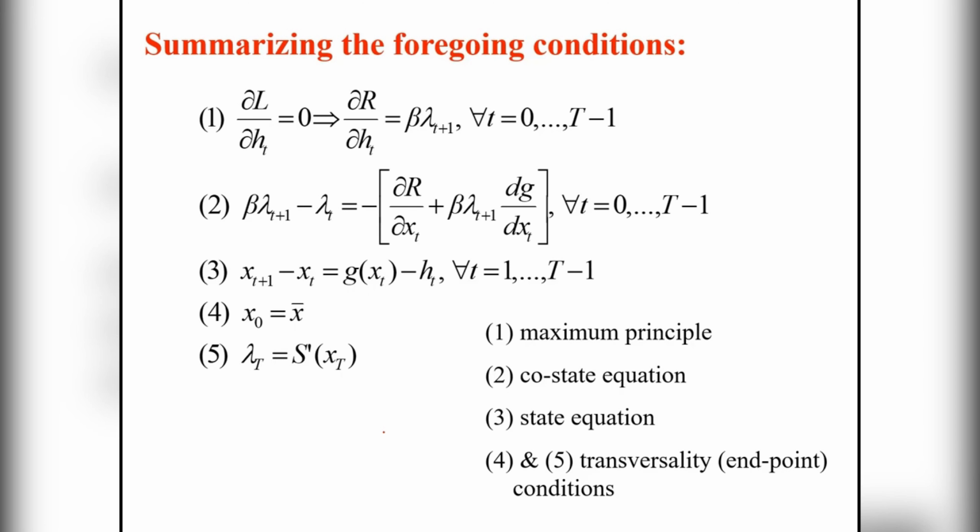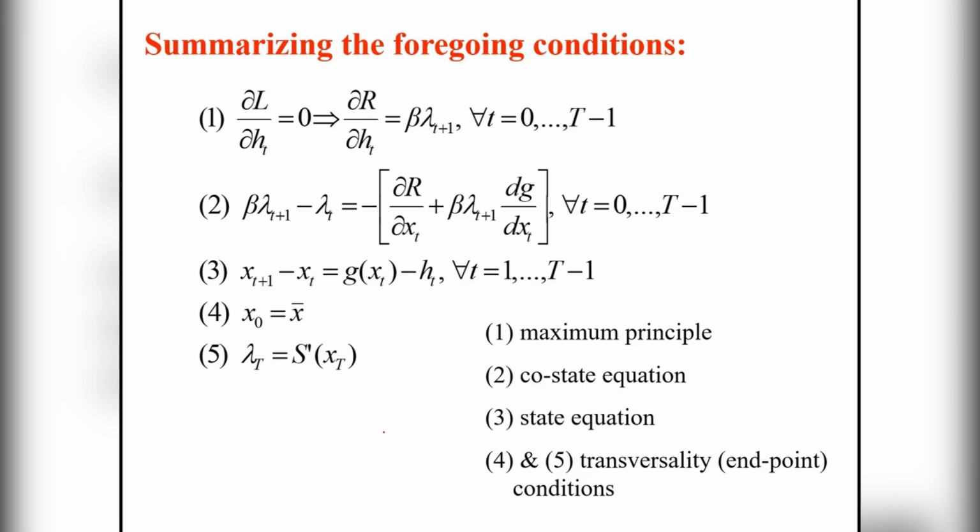We call the first set of equations the maximum principle. The second set of equations is referred to as the co-state equation, and the third one as the state equation, because it tells us how xt changes over time. The fourth and fifth equations are basically endpoint conditions.